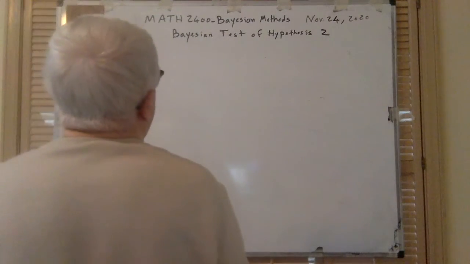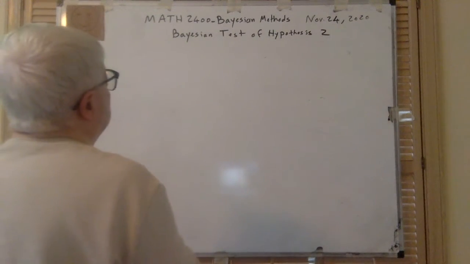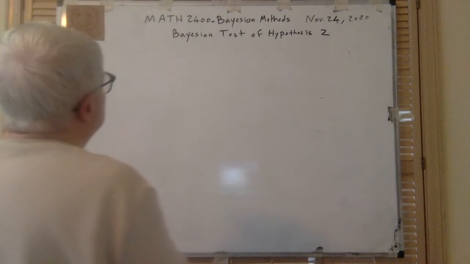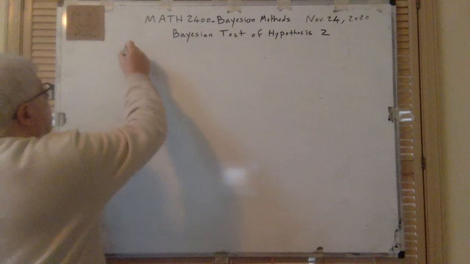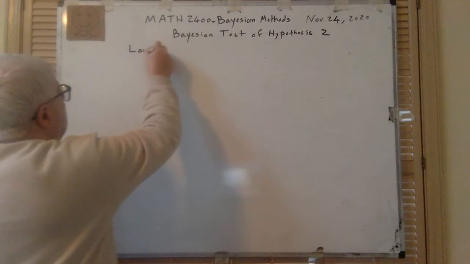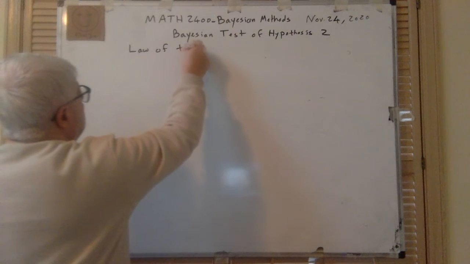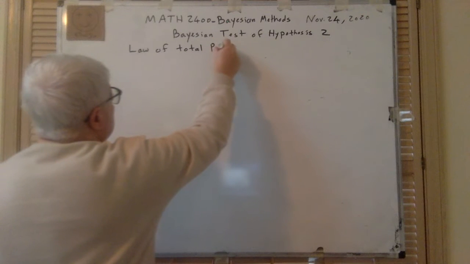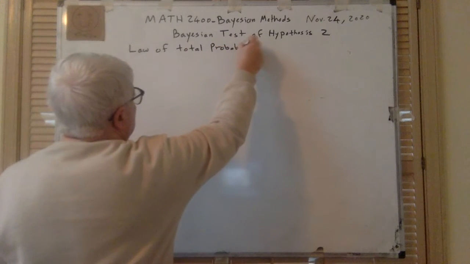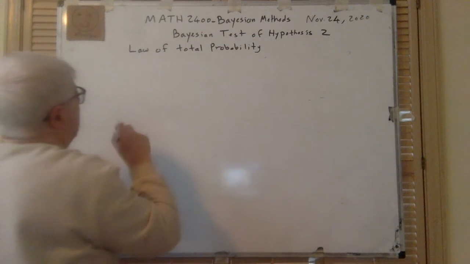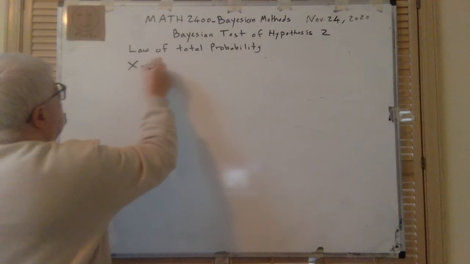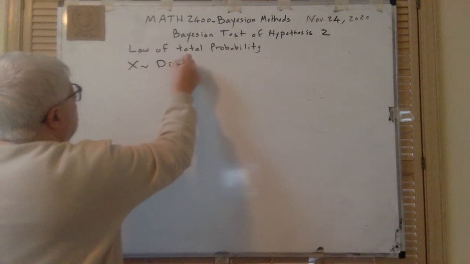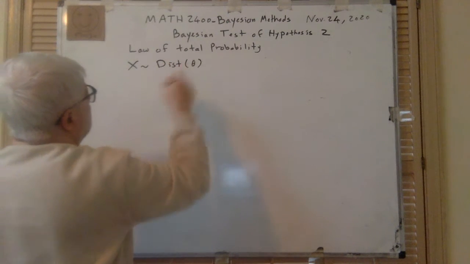Okay, so this is a Bayesian test of hypothesis 2. Now let's go back to the law of total probability. So X in fact has some distribution with some parameter.